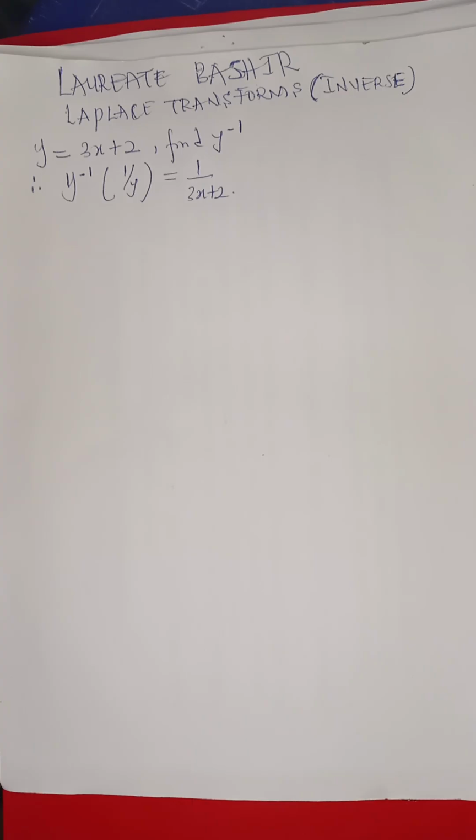That's the meaning, just like the opposites. So taking the Laplace functions back to the function itself is what we know as Laplace inverse. All your Laplace functions are always in the Laplace domain, which is s, but for Laplace inverse, it will go back to the time domain, which is in terms of t.